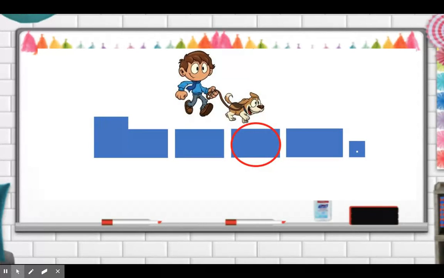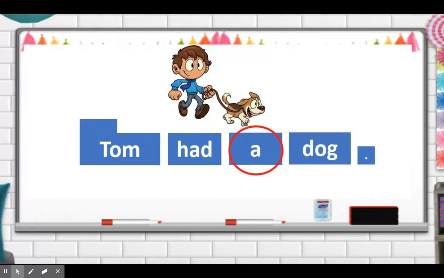Tom had a dog. You can pause and listen back. Tom had a dog. What is the trick word in that sentence? That's right, the word a.